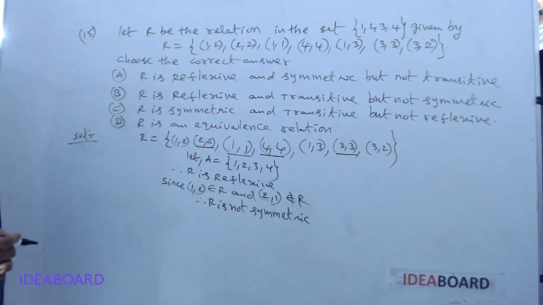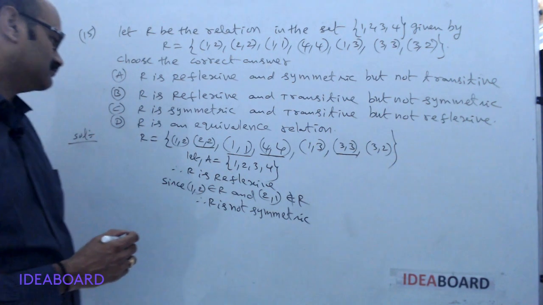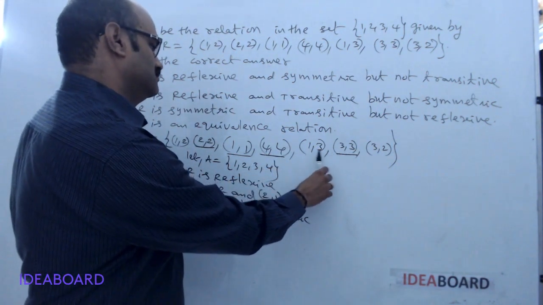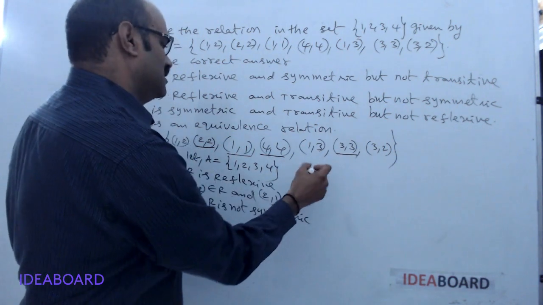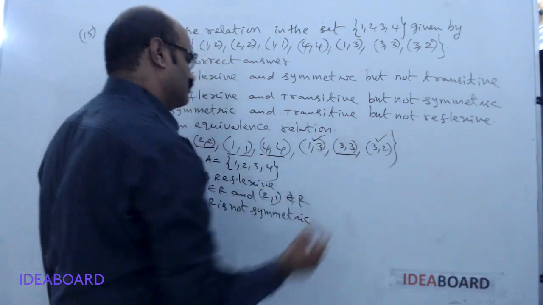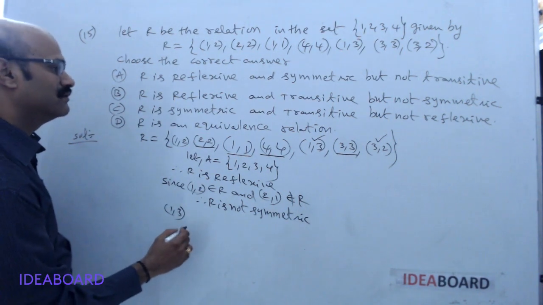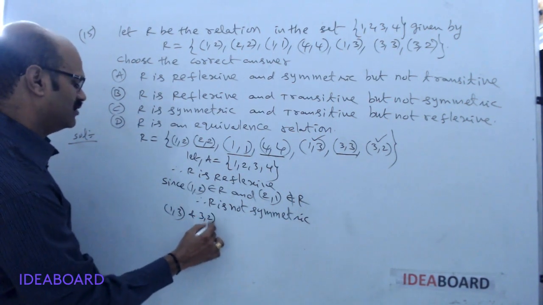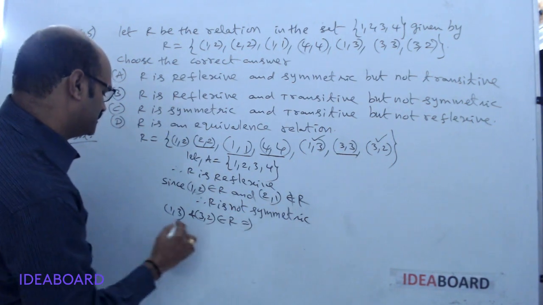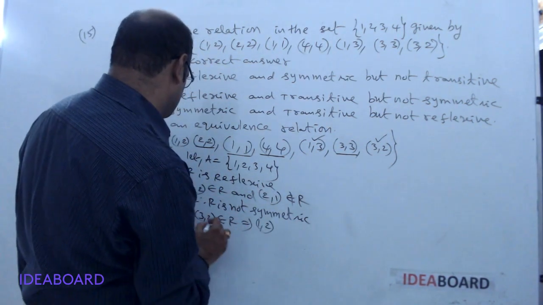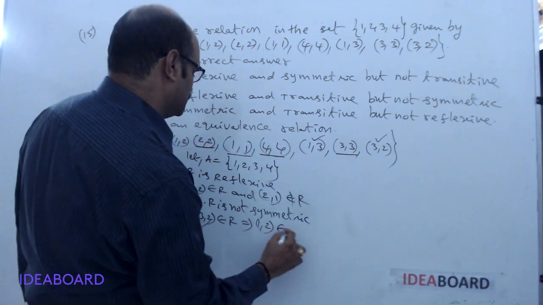Now we have to verify whether it is transitive or not. Take (1, 3), (3, 2). (1, 3) and (3, 2) belong to R. It implies (1, 2) belongs to R. Yes.